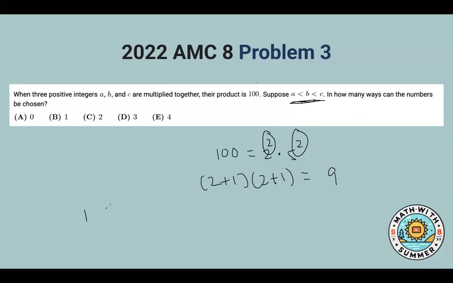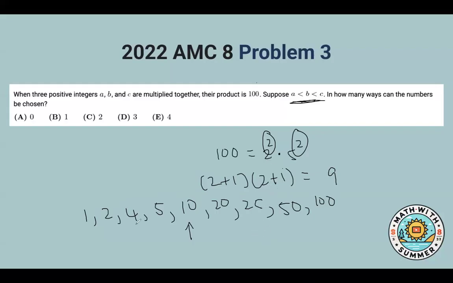So we start with 1, and then 2 is a factor, 3 isn't, 4 is, 5 is, and we know that 10 is, which is our middle factor, since we have 9. And from then on, we know that 5 times 20 is a factor, 4 times 25 is a factor, and then 2 times 50, and then 100. So that's 9 here.